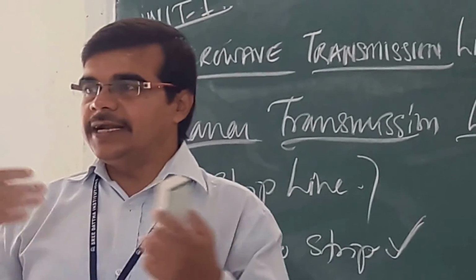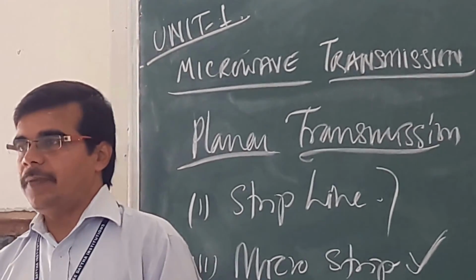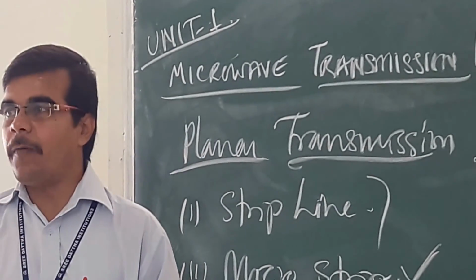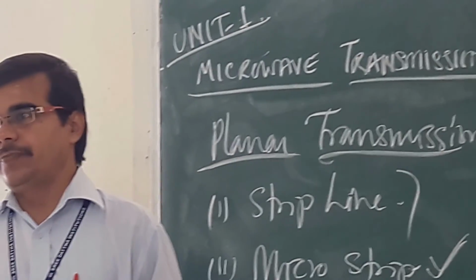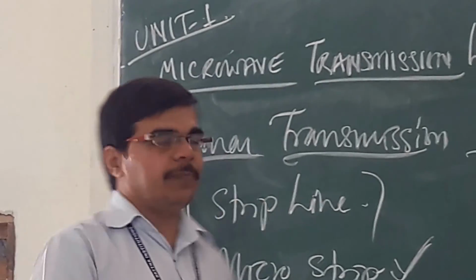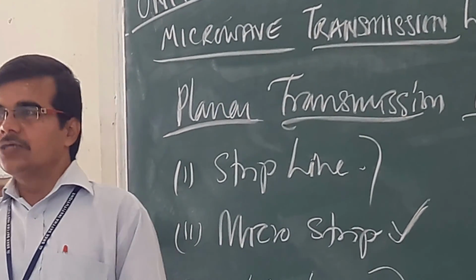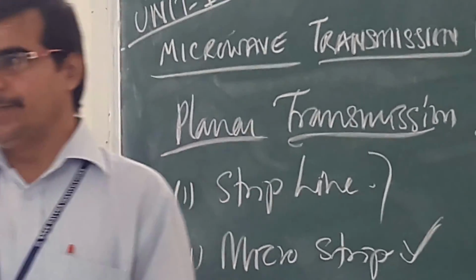So there should not be any disturbance with your field lines with respect to your cover plate. The cover plate we are using for shielding purpose from external interference. In order to save your microstrip from external interference, we are using the cover plate. So the cover plate is actually optional.